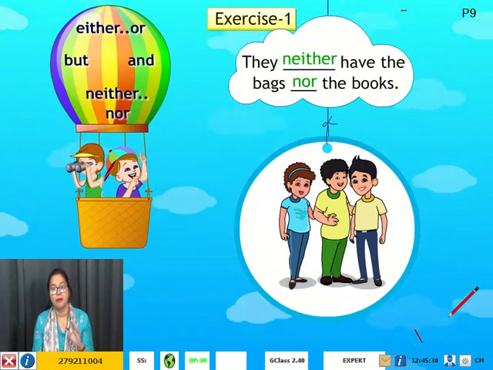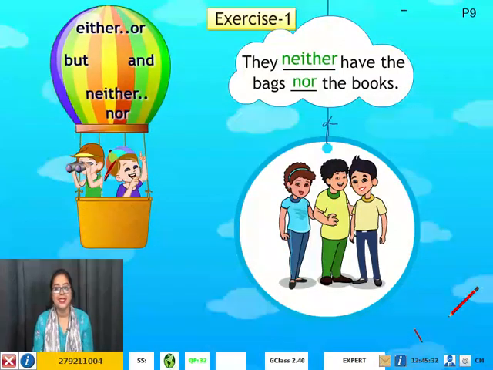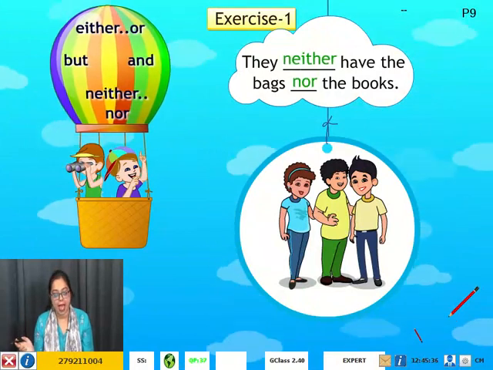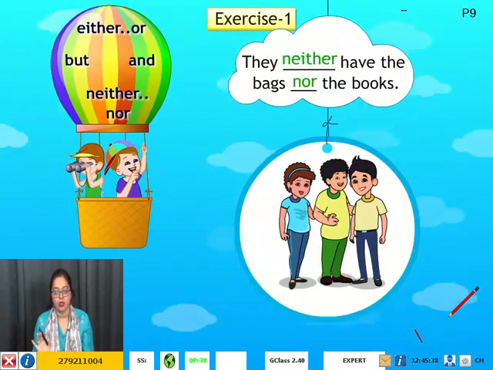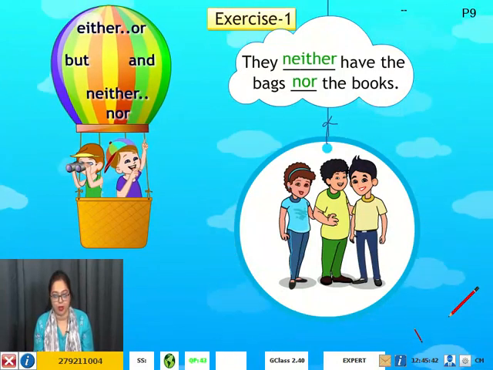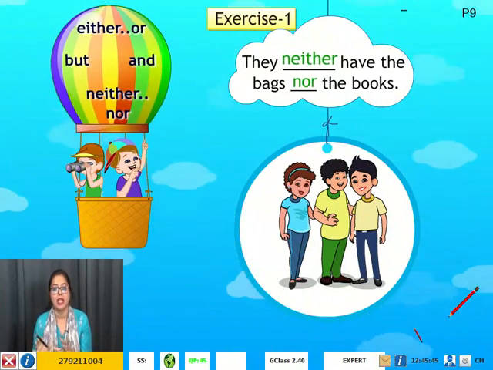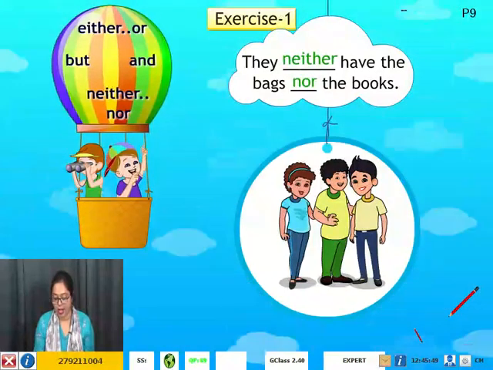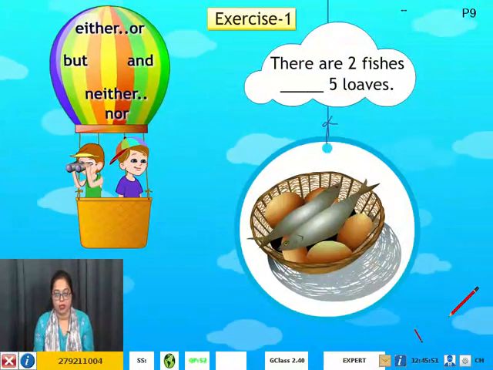They neither have the bags nor the books, isn't it? Yes, they neither have the bags nor the books. So what you can see on the screen, these people neither have the bags, nor do they have the books.